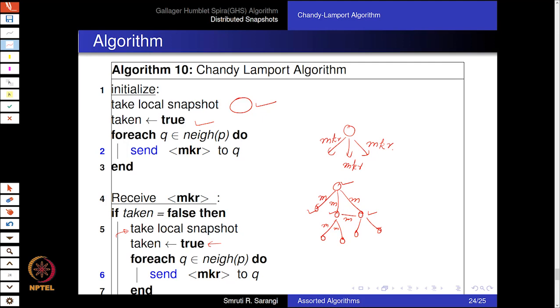But this marker finds that this node has already taken a snapshot, so the marker is ignored, right? So you take a snapshot only once, when you get the marker for the first time. After that, once the snapshot is done, you don't do anything and you just record the state. Either you can stop there or you can wait for another message to ask you to resume. That's a separate matter. We'll get into that slightly later.